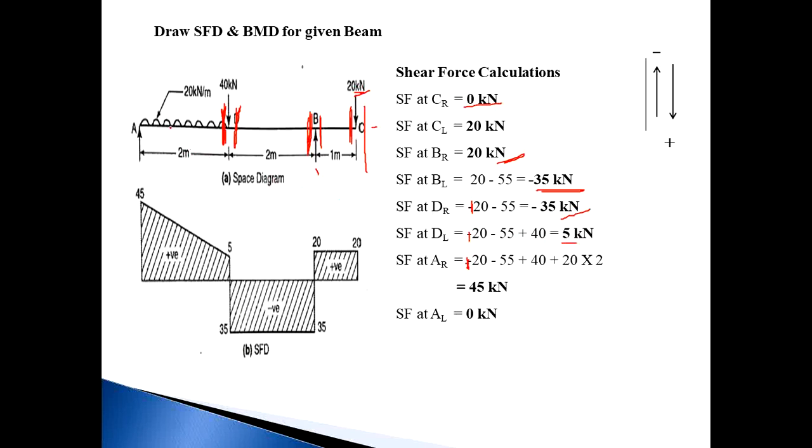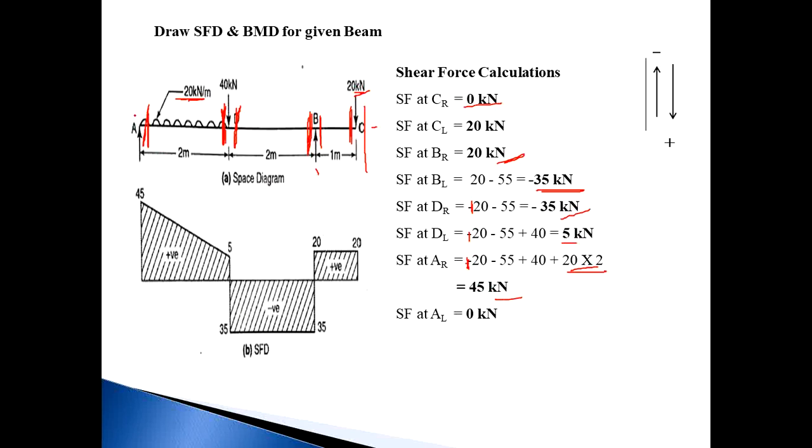Then next, consider a section just right of A. Now the total number of forces is 4: 20 kilonewton, RB, 40 and the UDL. So plus 20 minus 55 plus 40. Now for the UDL, you have to convert it into a force: intensity of UDL into length of UDL, that is 20 into 2. So the answer becomes 45 kilonewton.